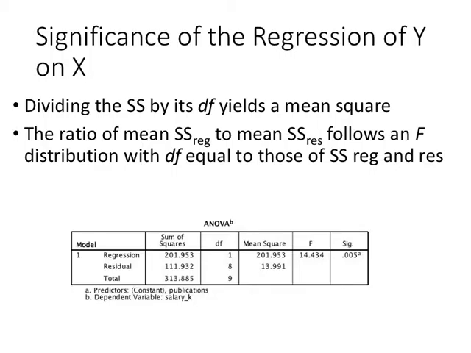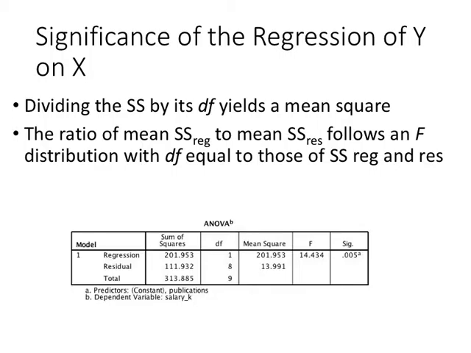And then, just as a point of clarification or observation, the degrees of freedom for sums of squares total is n minus 1, and that's 9. And so we can divide the mean sums of squares regression by the mean sums of squares residual.